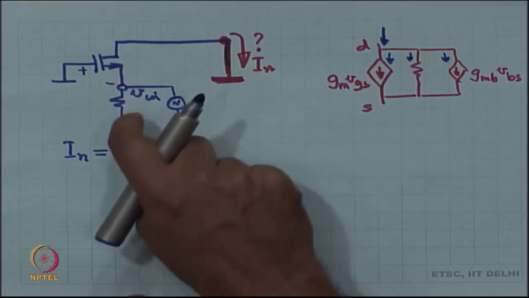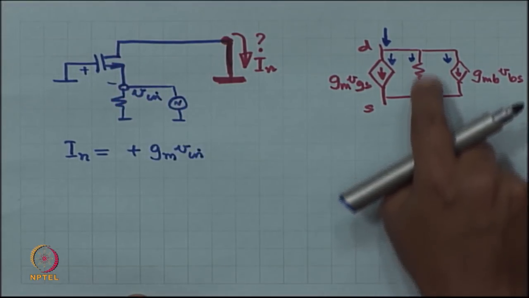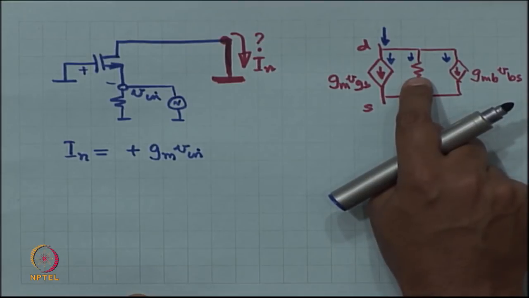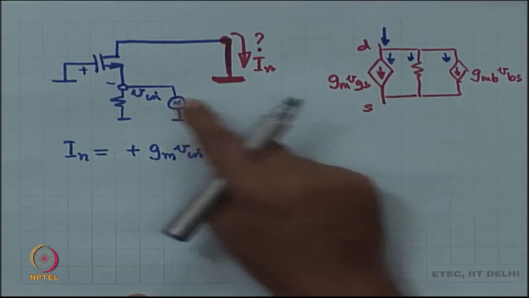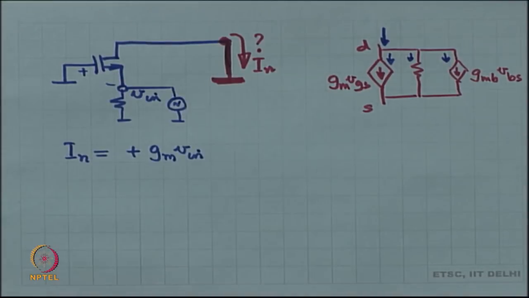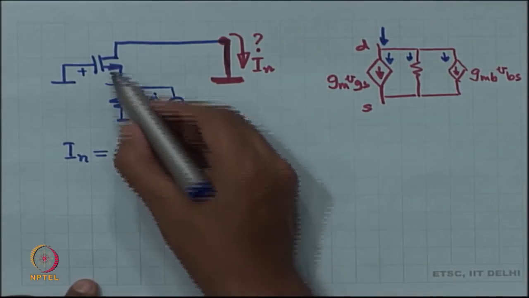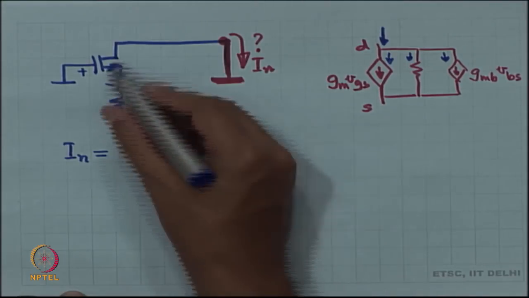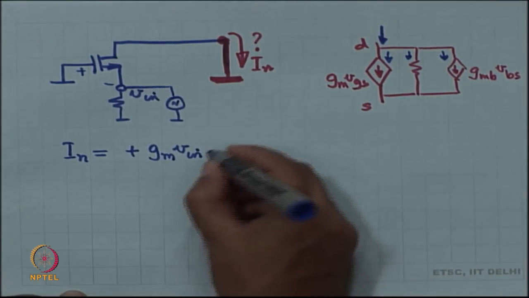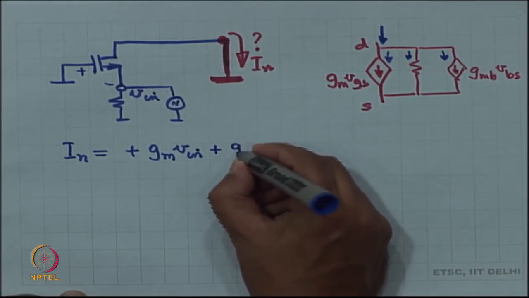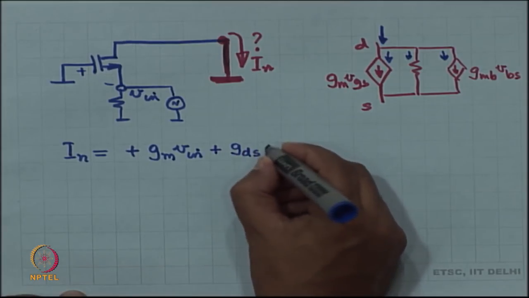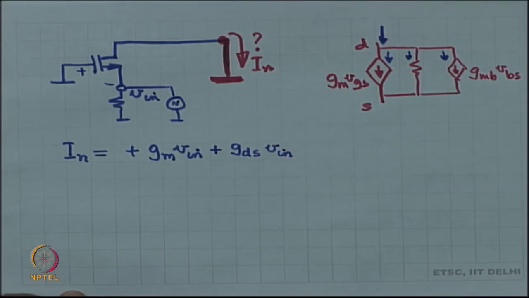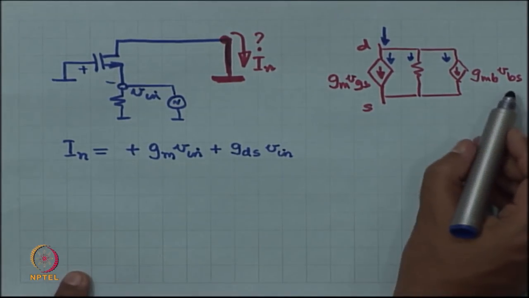So, what is the current going through RDS? In this direction it is in the opposite direction, but if you look going up, the current is going to be V in by RDS. So, that is the direction of I n.